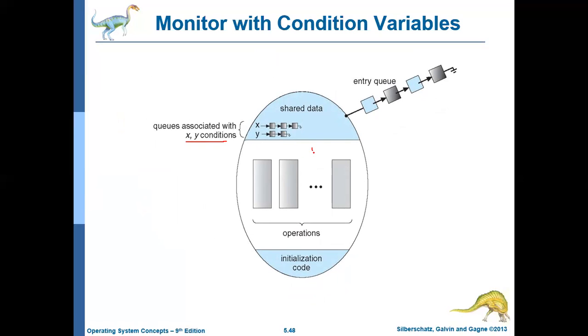Let us assume PI is using the shared variable X, and while executing, in between it wants to wait for some time. Then it will call X dot wait.